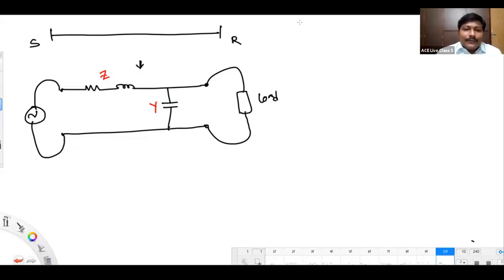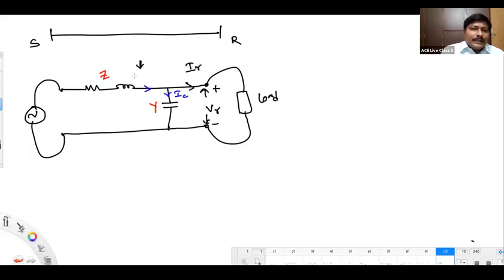G can be neglected. We have neglected the G right now in this circuit. Listen to my words, please. I know receiving end voltage VR and receiving end current IR. After knowing it, you are capable to find this charging current IC.